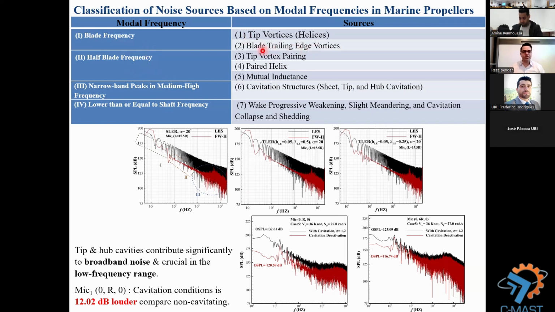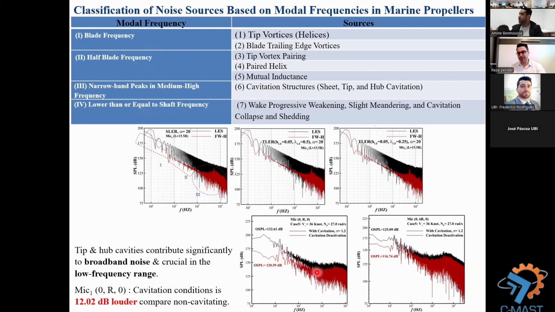Hub blade frequency is related to tip vortex pairing, paired helix, and also mutual inductance. Narrowband peaks in medium to high frequency are mostly related to cavitation structure, and frequencies lower than or equal to shaft frequency are related to the far field area of the wake, wake progressive weakening, and cavitation collapse and shedding.